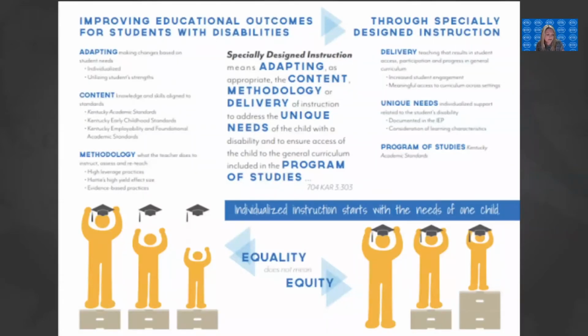Just a quick look at this graphic. This was a graphic designed by KDE. It just wants to visualize what SDI is. In the middle is the definition of SDI. Looking at the bottom, we talk about how equality does not mean equity. This is just a little visual. I think it's interesting. On the left, everybody has the same height of box, but the kids are all different sizes.